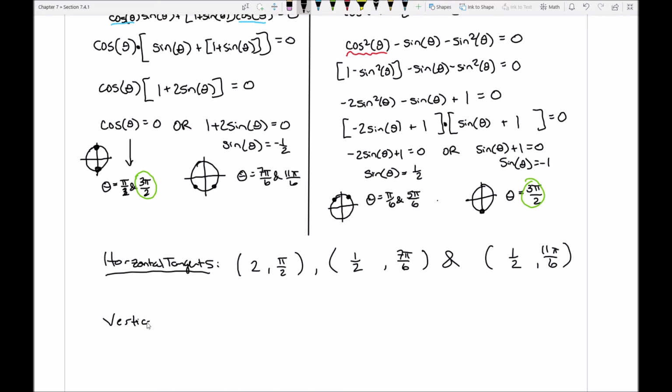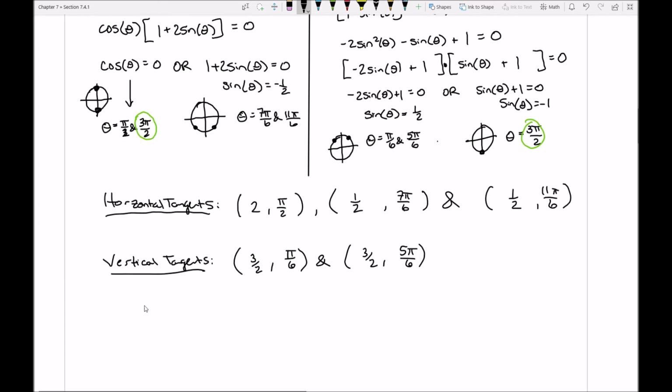When I talk about vertical tangents, I can do the same thing. Vertical tangents are going to occur really here just at 2 points, one with the angle pi over 6, and the other with the angle of 5 pi over 6. I know that if I plug both those into the sine, I create a 1/2, and so each of these is going to have an r of 3 over 2, or 1.5.